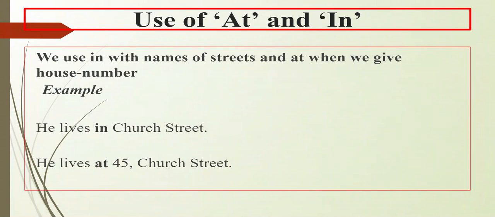For example, he lives in Church Road, so that's the street where you live. And when you're giving the house number, then it'll be he lives at 45 Church Road. So, children, you need to understand all these rules, else you'll get confused. So, you need to understand where to use in and at.